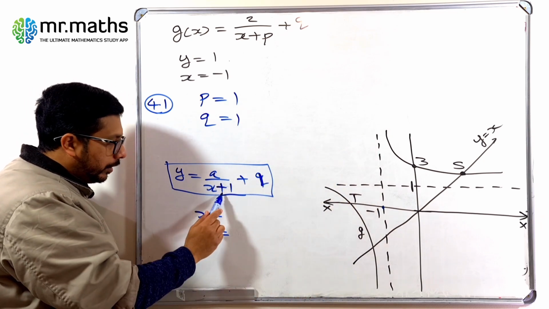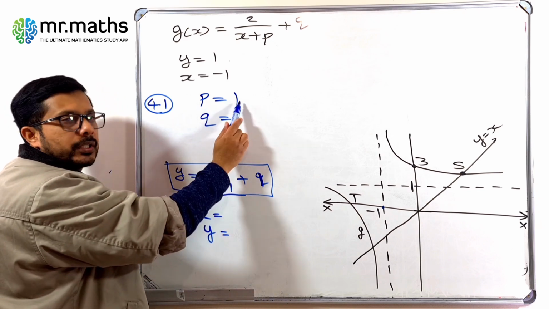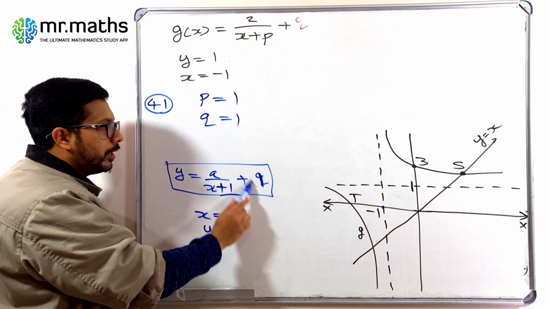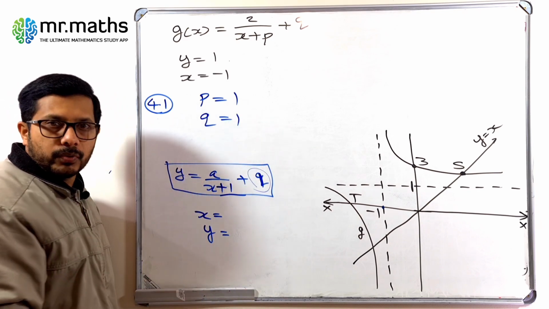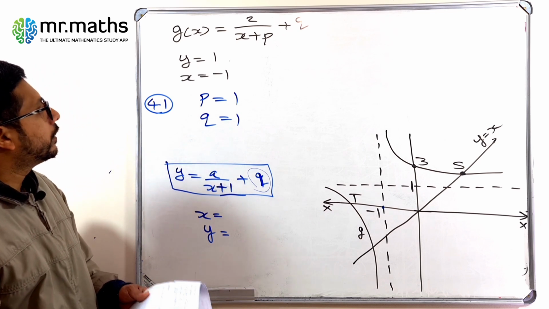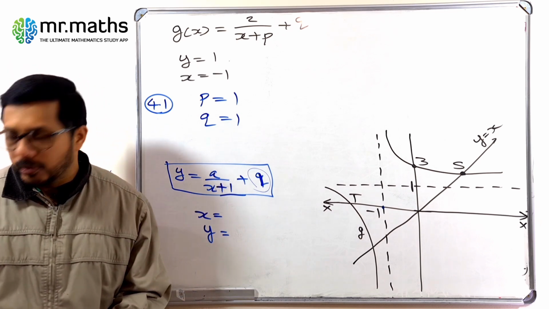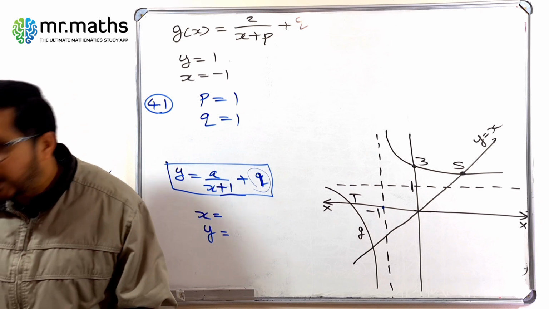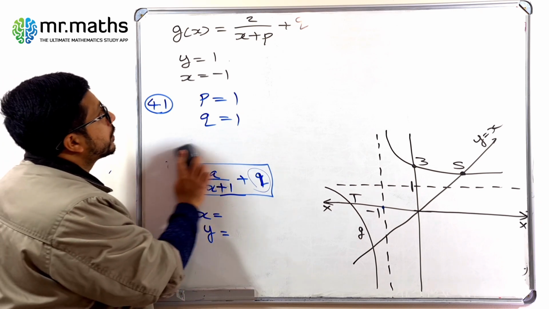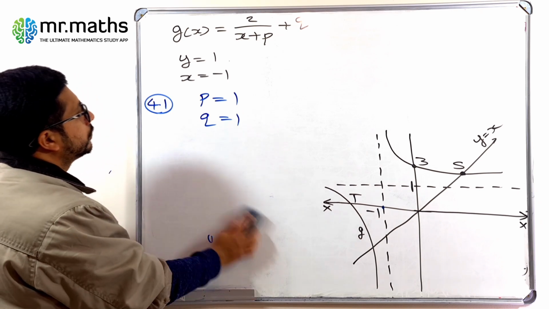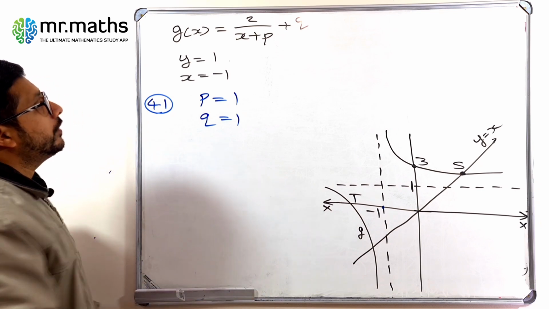Anyway, the value of p is 1 and the value of q is also 1. That's a simple question, we just want to write the asymptotes. And it is given y is equal to. So here you can see one thing.